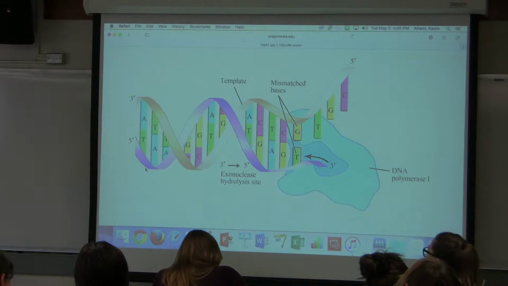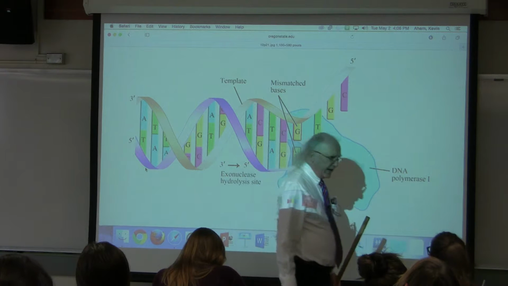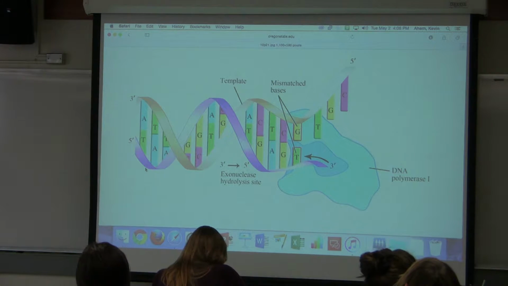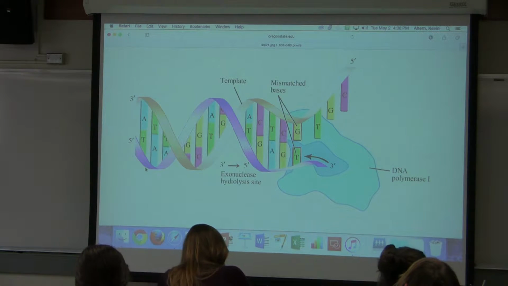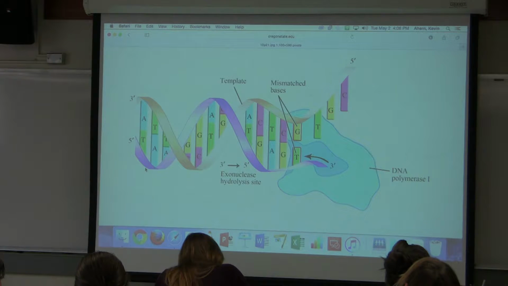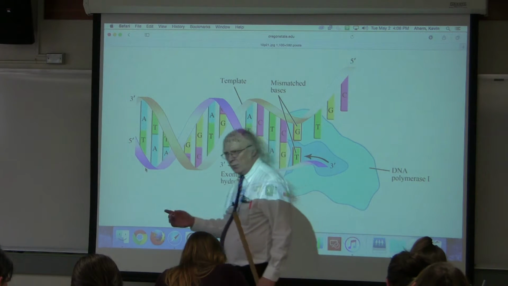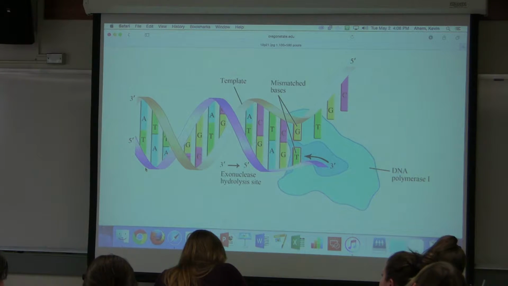And it's for that reason we call that activity, that is the removal of primers activity, a 5' to 3' exonuclease activity. Now, we don't see that activity associated with DNA polymerase III. We only see it with DNA polymerase I, which is why the polymerase I was removing the primers.